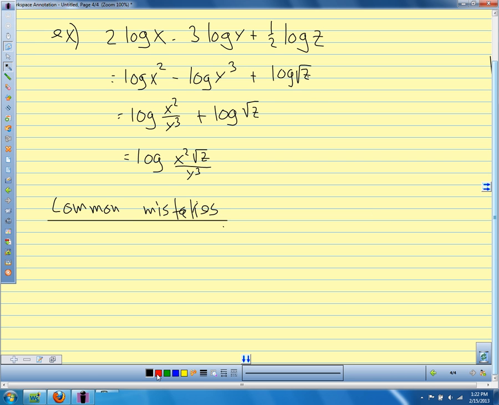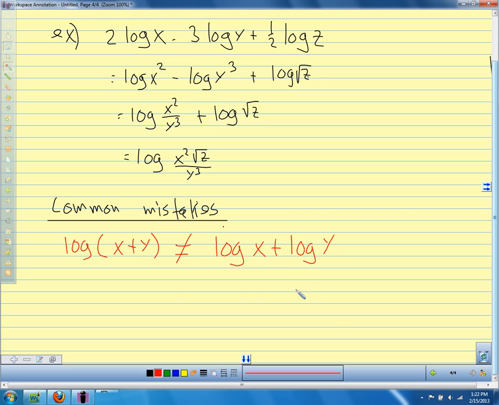So remember that the log of x plus y does not equal log x plus log y. We don't turn addition into addition, we turn multiplication into addition. Log of x minus y, same thing, does not equal log x minus log y.